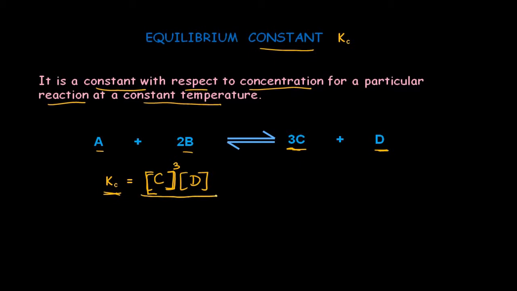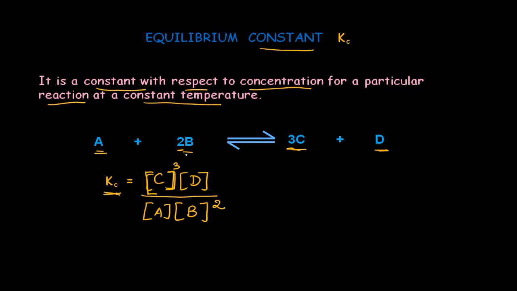Divide by the concentration of the reactants. Now here we have reactant A. So concentration of reactant A into concentration of the reactant B. Again the mole ratio of B is 2. So B has to be raised to the power of 2, and this is how we are going to write the equilibrium expression for this reaction.